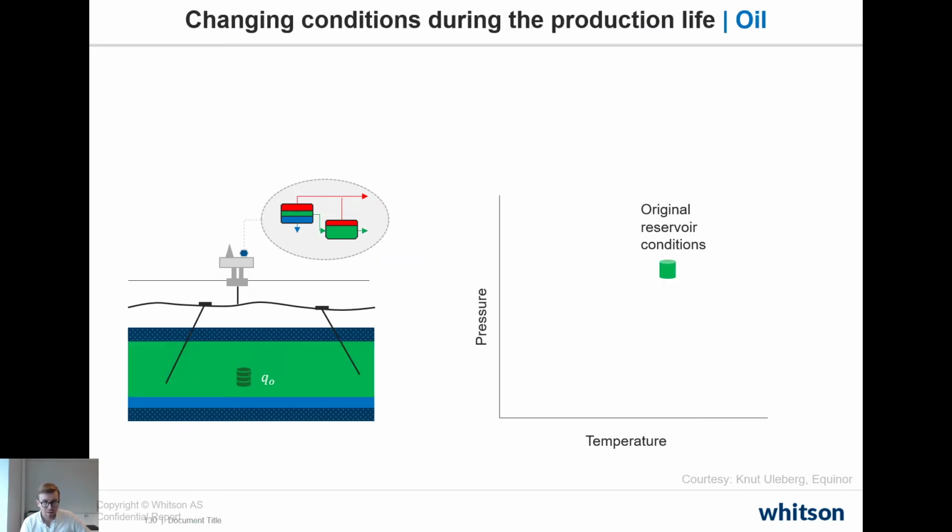Maybe one of the cases that at least many people on the Norwegian continental shelf are used to, because we have a lot of oil reservoirs there, and we also have that many other places in the world as well, is: what is special about producing from an oil reservoir?